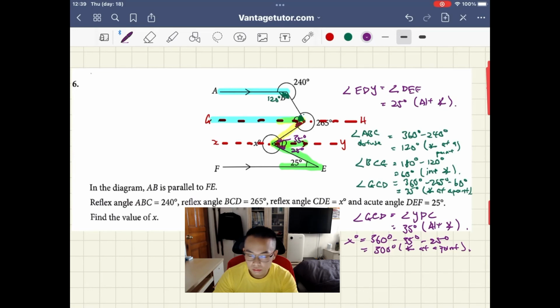The rest, more or less, you learned from the previous chapter or in primary school: angle at a point, angle on a straight line, vertically opposite angle. The other difference is that when you do all these calculations, you must always have your reasons stated at the side. If not, no marks.